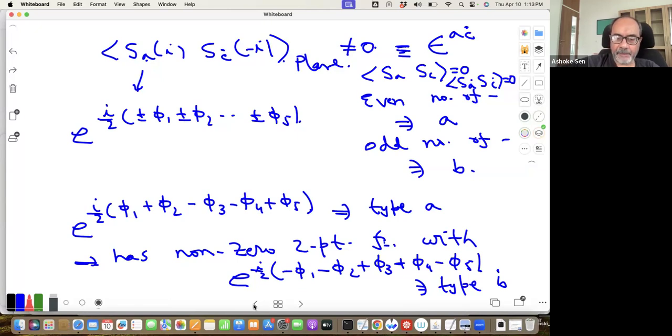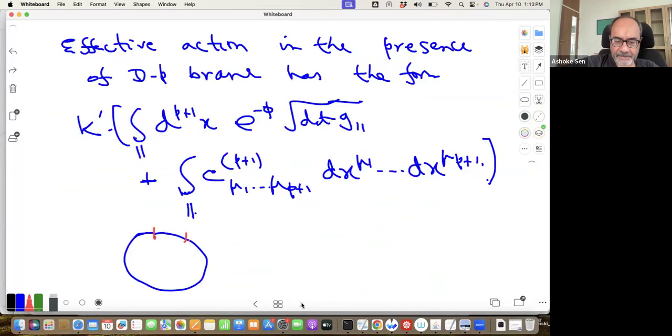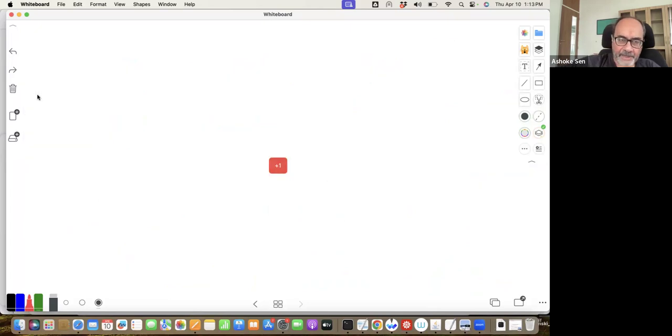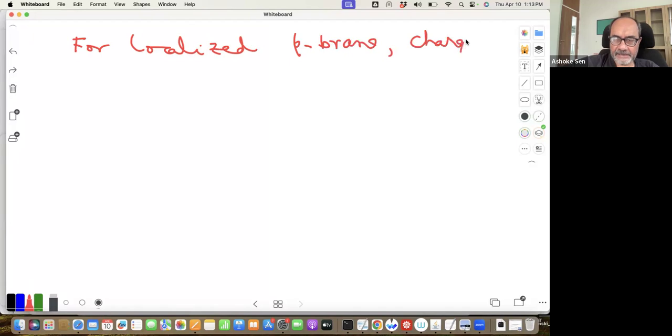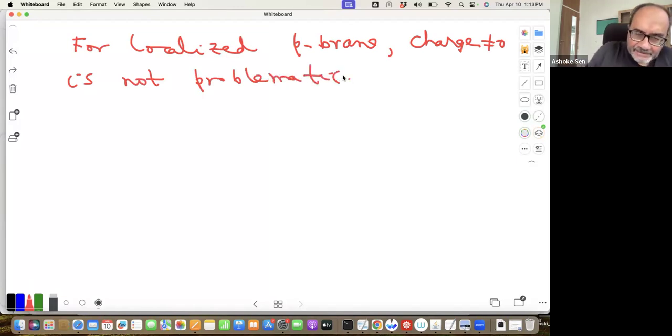See, the point is, for a localized p-brane, charge not equal to 0 is not problematic. For example, in 3+1 dimensions, we can have a point charge.